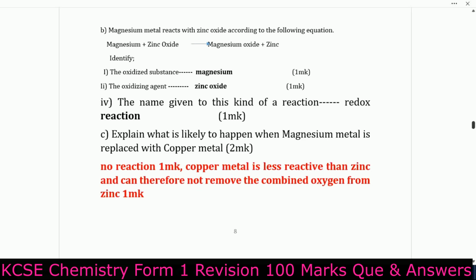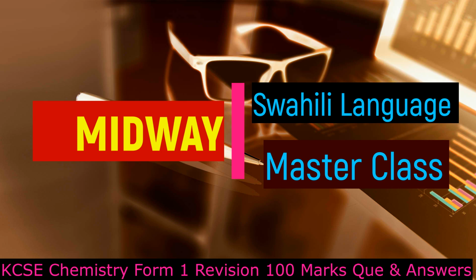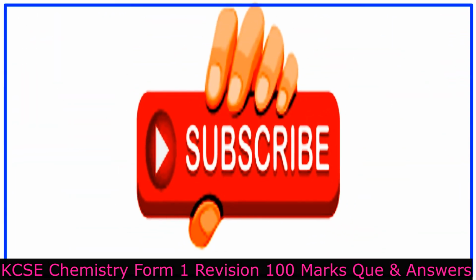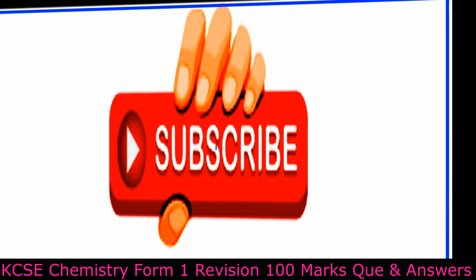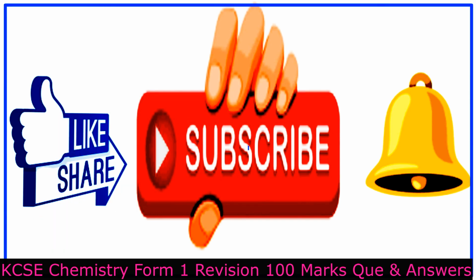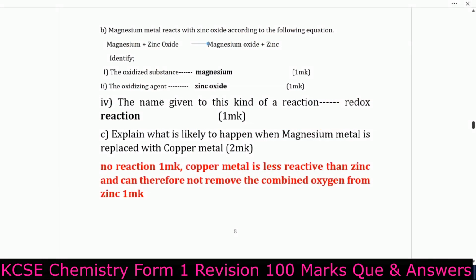Magnesium metal reacts with zinc oxide according to the following equation. So you have magnesium plus zinc oxide.